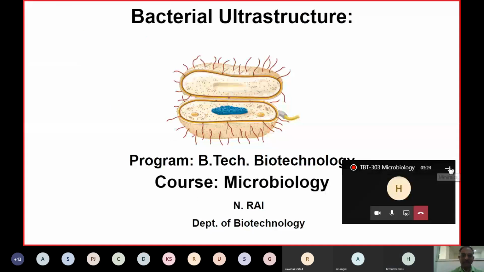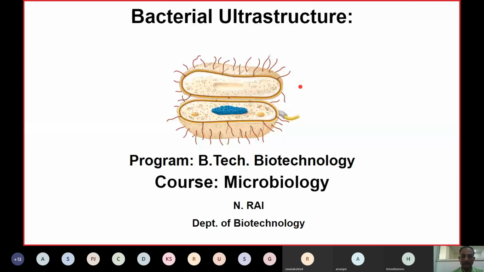Today we are taking the topic bacterial ultrastructure. We have already discussed the cell wall of a bacteria. Now I'm taking the ultrastructure of a bacteria. What are the different organelles present in bacteria? You can classify bacterial ultrastructure in many ways.